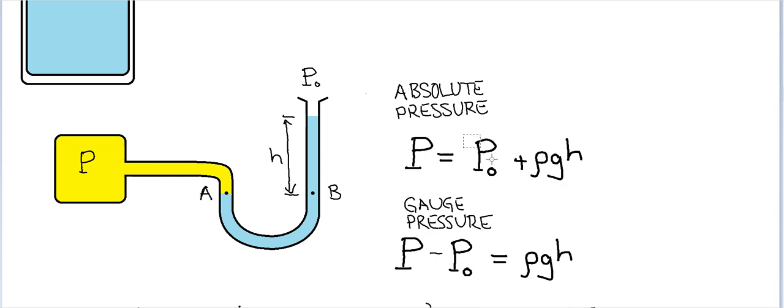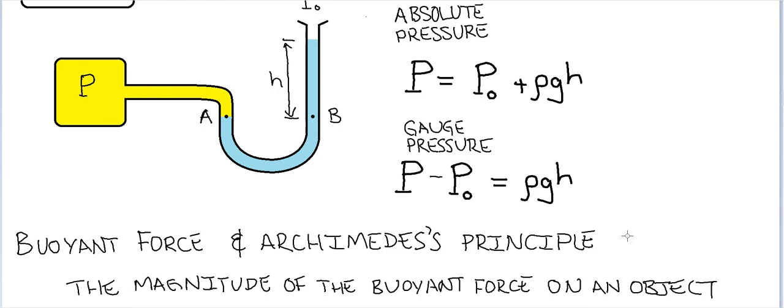And so the way that we do that is we just subtract the P naught, the atmospheric pressure, over to the other side. And so the gauge pressure is a measure of the absolute pressure of the gas minus atmospheric pressure. So this is our gauge pressure reading, and it is just rho gh. Hooray! Okay.